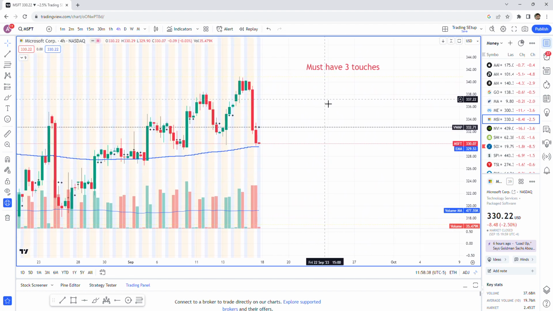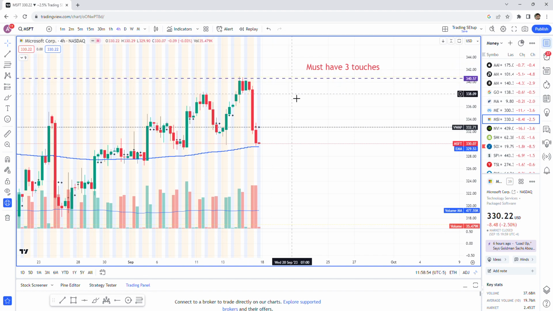Alright, so let's take a look at resistance. Resistance is simply a level that a stock cannot go above. It's having a hard time breaking above a level. Just by looking here, I can already tell you we got resistance right here. Right in this area, we got 1, 2, 3, 4 candles that have failed to get out of this resistance area.